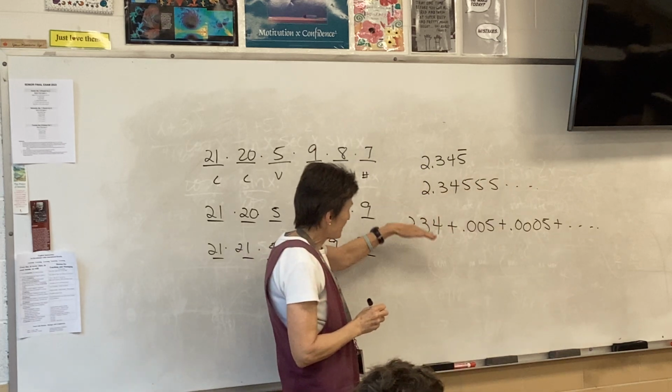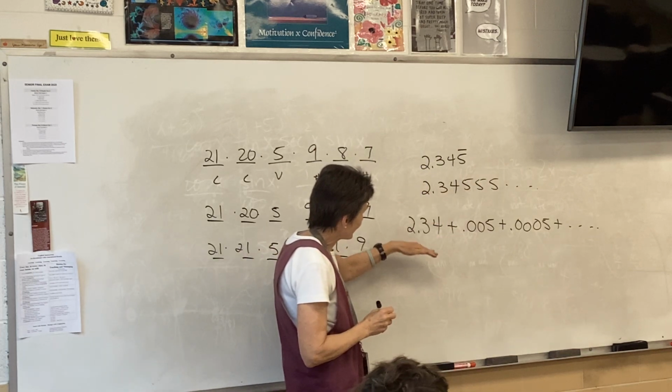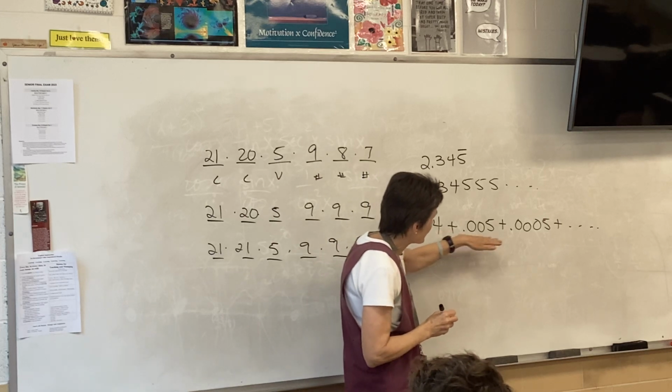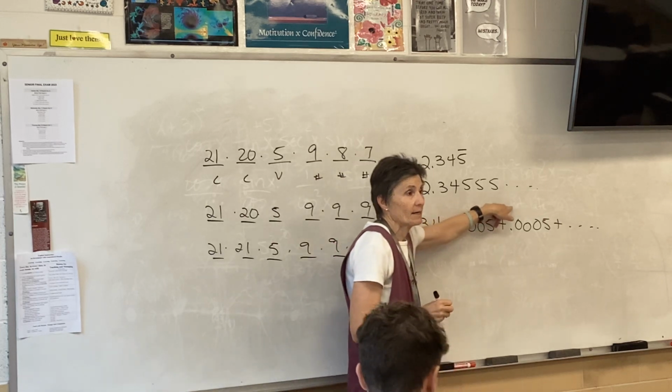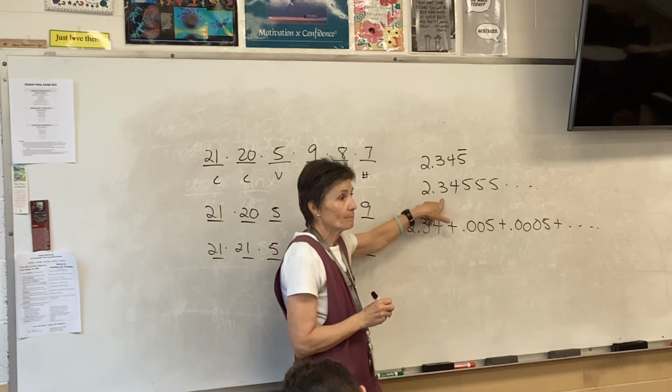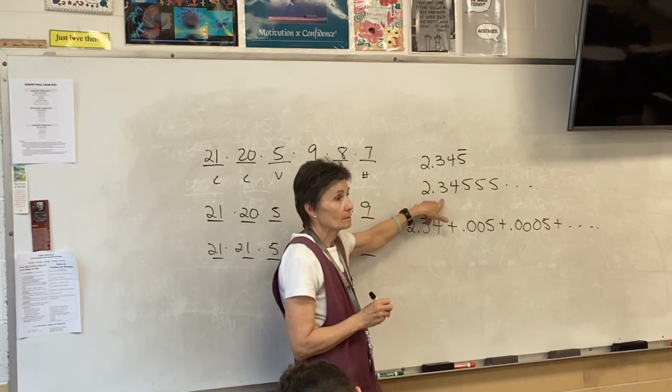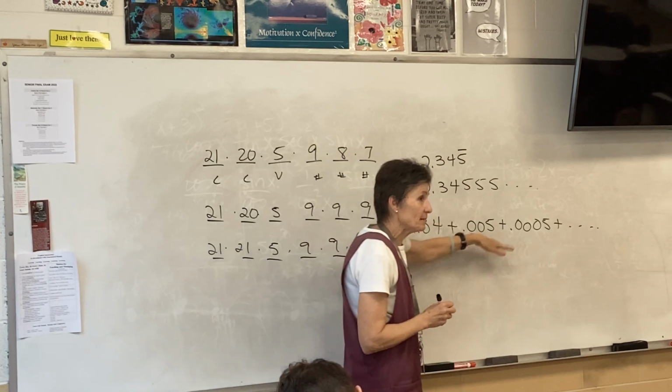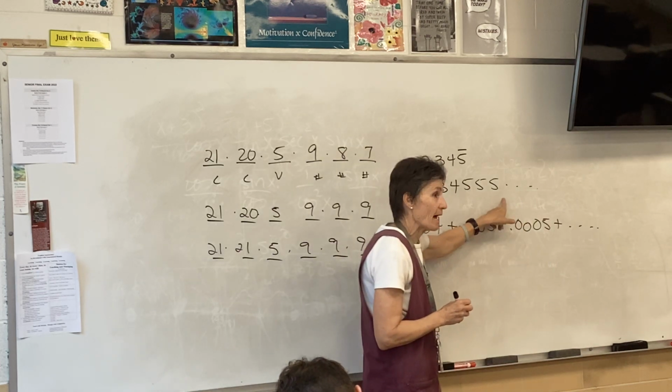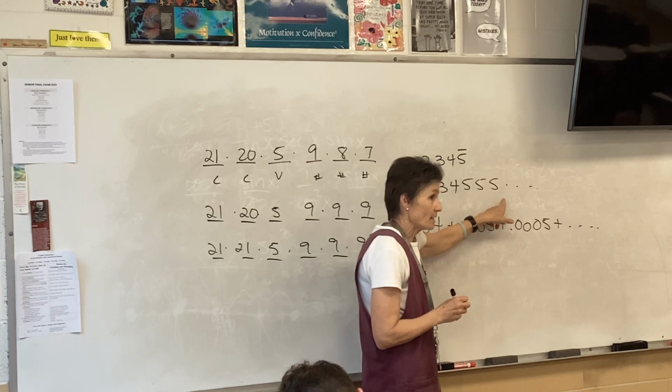Remember, if you lined up the decimal points and started adding, wouldn't this right here generate that right there? Lucy, when you're doing the repeating part, are you just adding a 0 to it every time? I need to be able to add these and get that. Okay. So does that make sense?